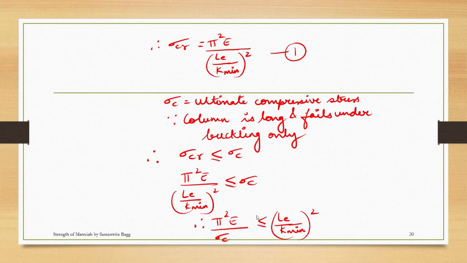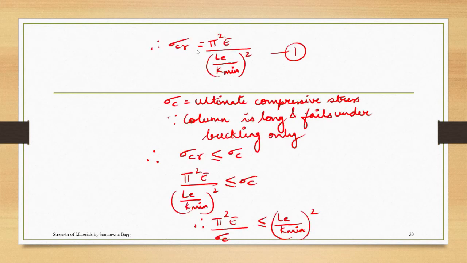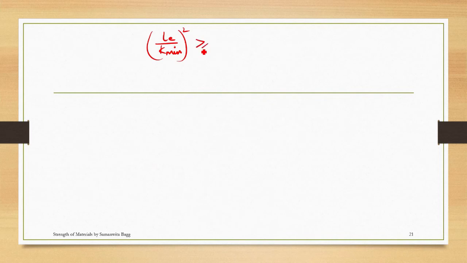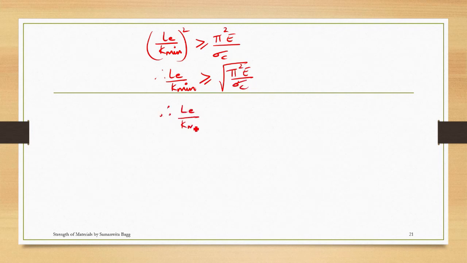Now I will just rewrite this equation by taking (LE upon K min) the whole square on the left hand side, which is greater than or equal to pi square E upon sigma C. So I can see, therefore, LE upon K min is greater than or equal to, taking the square root, root of pi square E upon sigma C. Therefore LE upon K min is greater than or equal to pi root of E upon sigma C. This term comes out of the root and these two remain in the root. So this is what is going to happen.